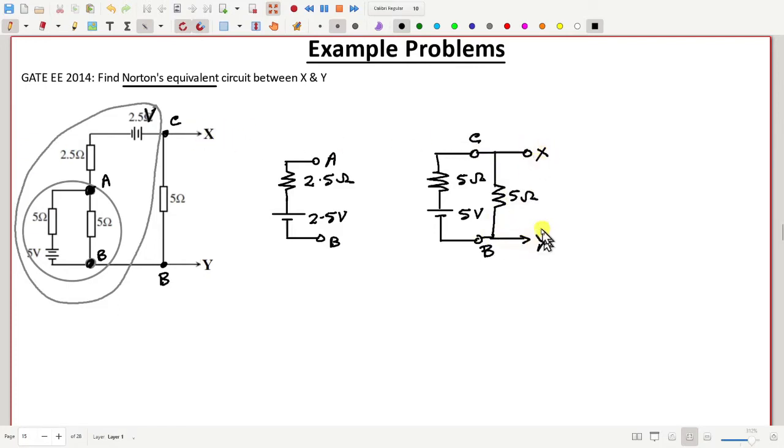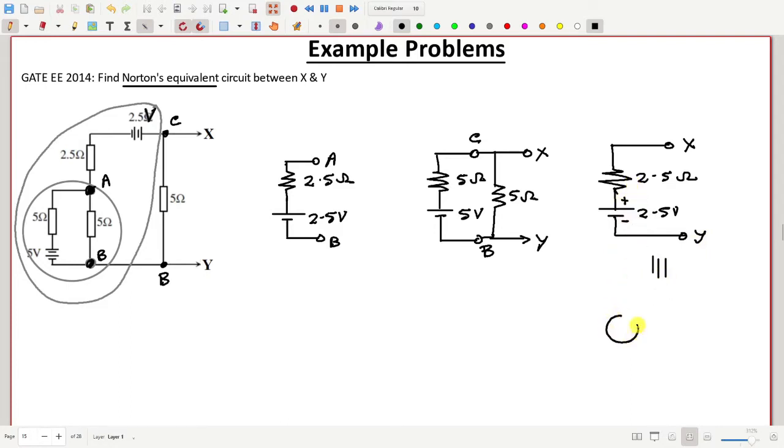How much is the Thevenin voltage between X and Y? Finally this will be 2.5 volt in series with 2.5 ohm, between X and Y. Now this is equivalent to, if you do a practical voltage source to practical current source conversion, how much will be the Norton current source current?